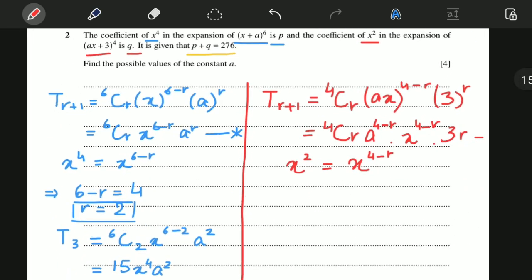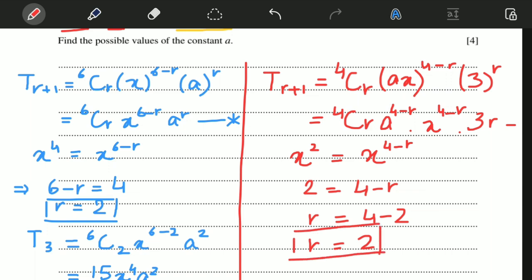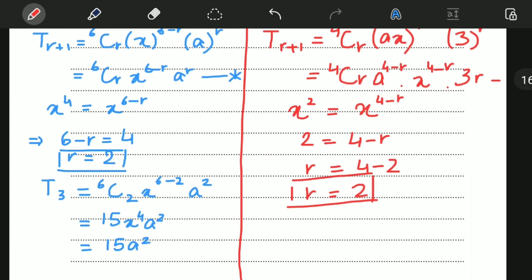Okay, so this is going to give us 2 is equal to 4 minus r, and r is going to be equal to 4 minus 2, which is equal to 2. So again we got r equals 2, but the term and the expansion is different.